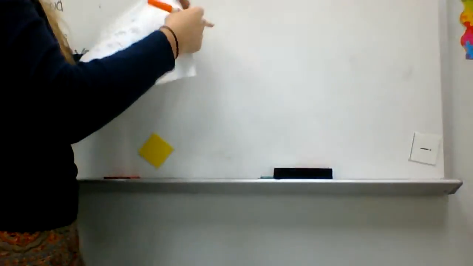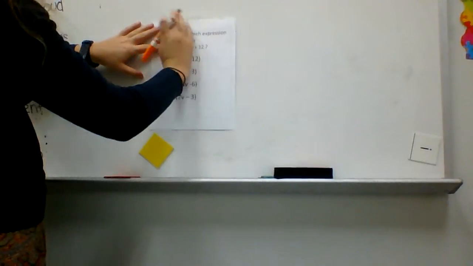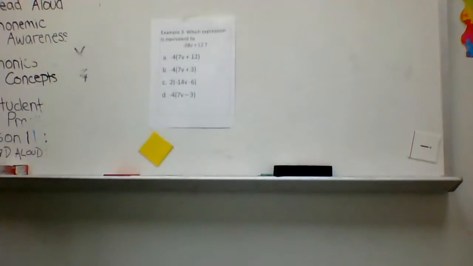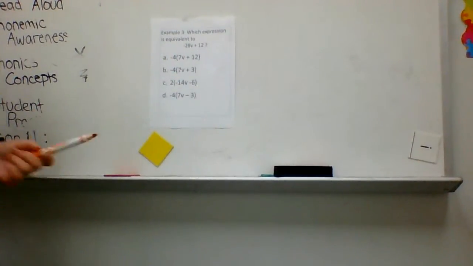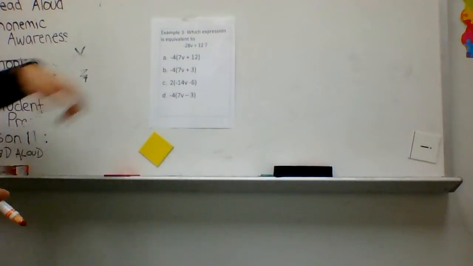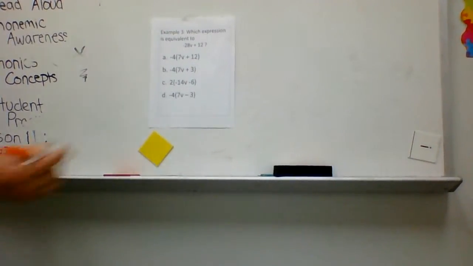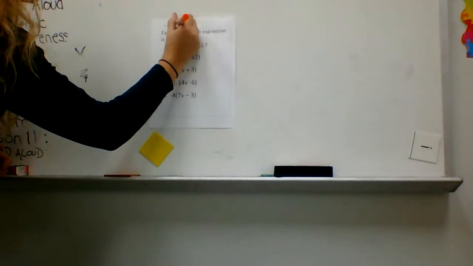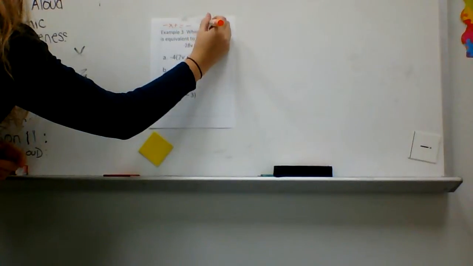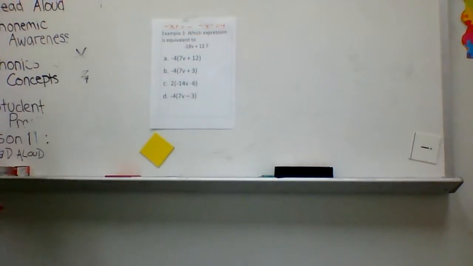All right, example 3. Which expression is equivalent to negative 28v plus 12? So I'm seeing this, and I'm probably going to be doing some adding or multiplying and dividing with positive and negative numbers. So again, I'm going to be thinking in my mind that a negative times a positive equals a negative, and a negative times a negative equals a positive.